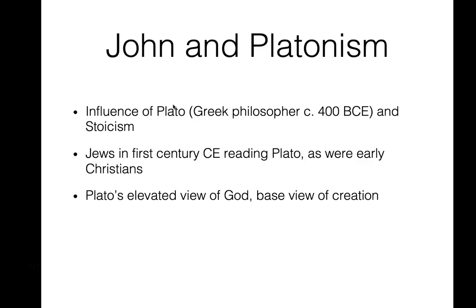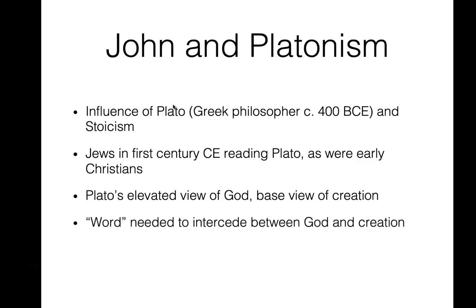Plato viewed God as an ideal, much more elevated than was traditional for ancient Greeks, whose gods, as you remember from a prior lecture, were not above acting just as immorally and capriciously as mortals. But how could an ideal God interact with his imperfect creation?